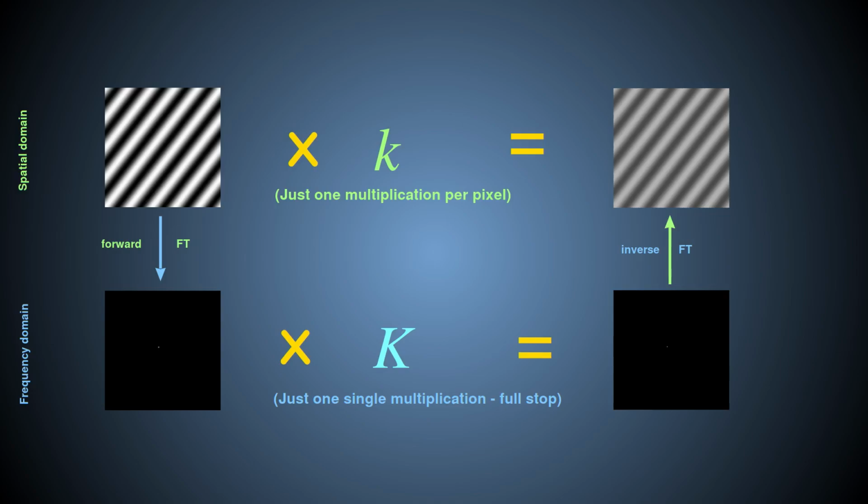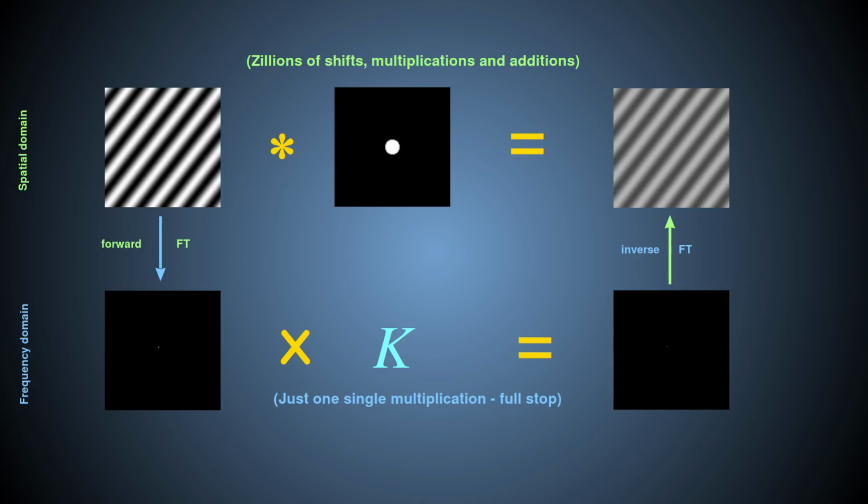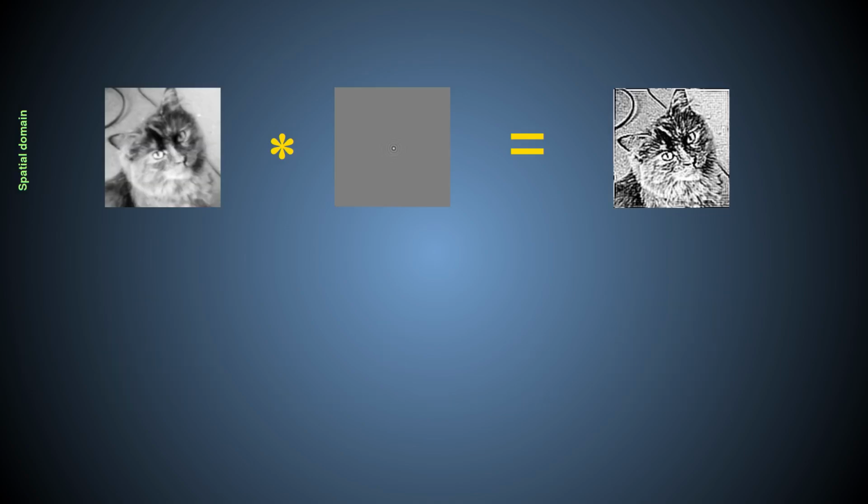Not one multiplication per pixel in the sinusoid, no, just one single multiplication operation for the whole image will give us the same result as the full convolution process, but only because this image has the special property of being a single pure sinusoid. If we convolve this image with this sharpening PSF, we get a sharpened version of the image.